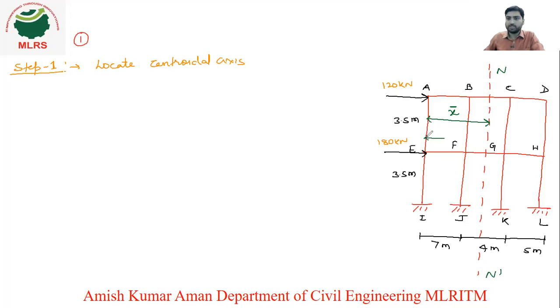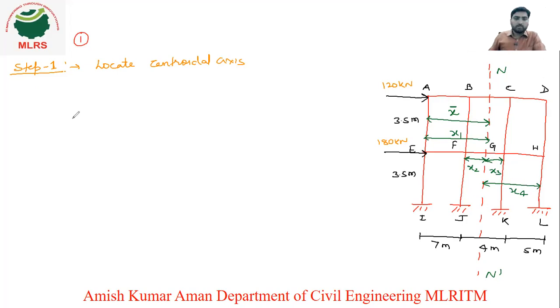From the second column, the distance of the centroidal axis is x2. Similarly, from the third column the distance is x3, and from the fourth column the distance of the centroidal axis is x4. So x1 is the distance of the first column from the centroidal axis, x2 the second column, x3 the third column, and x4 the fourth column.